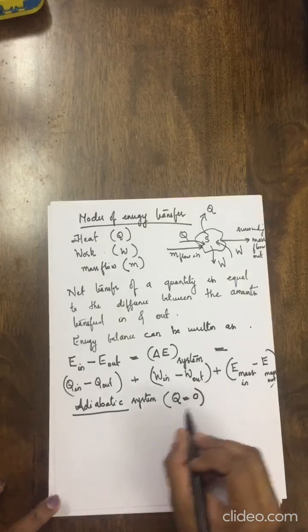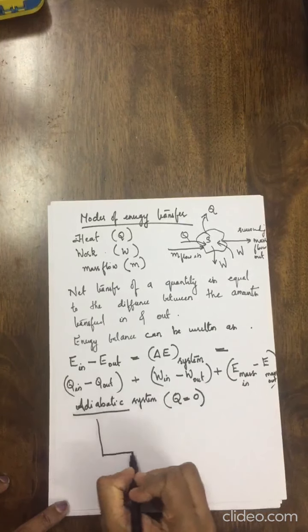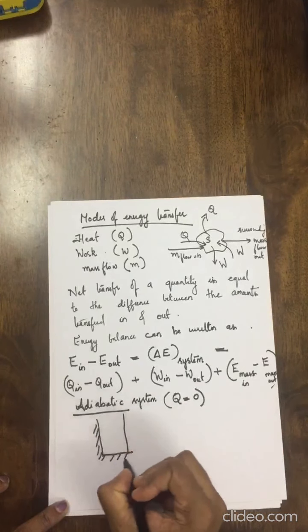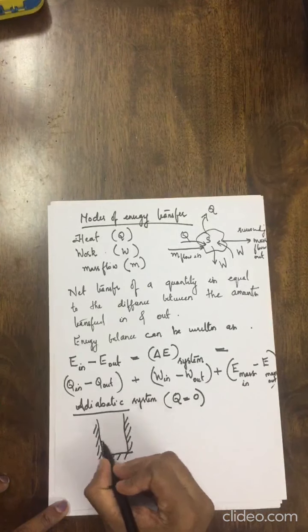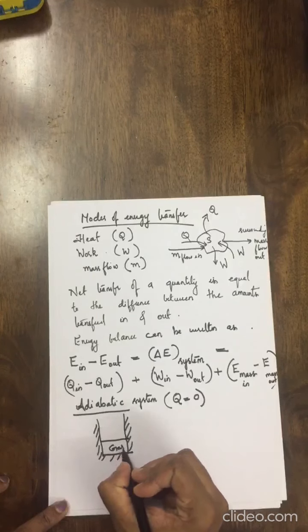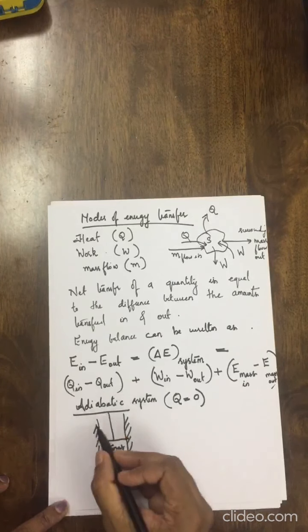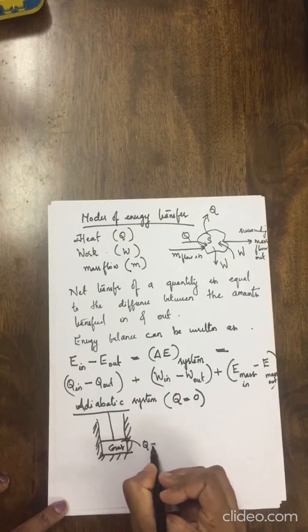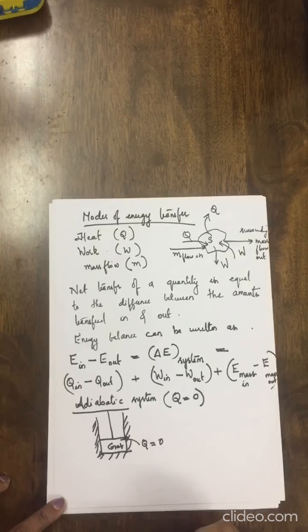In that case, Q can be 0. Or if your system is well insulated, say for example a gas is confined in a cylinder and the cylinder is well insulated so that there is no heat exchange between the system and the surroundings, in that case Q is equal to 0.